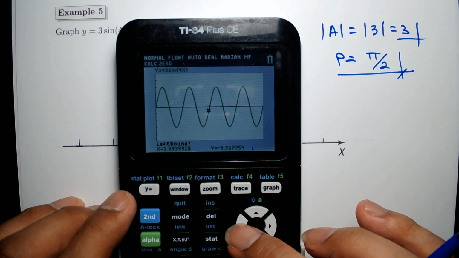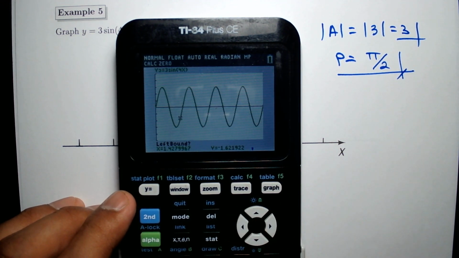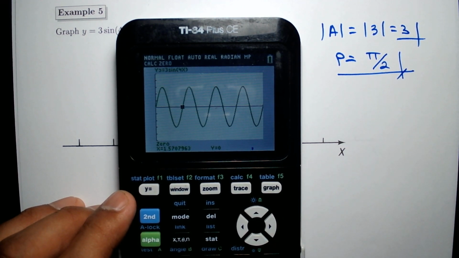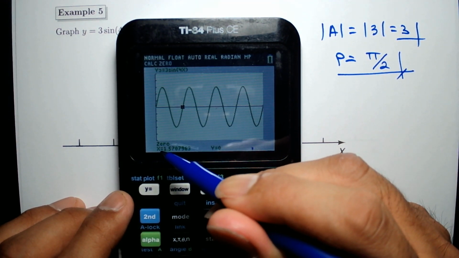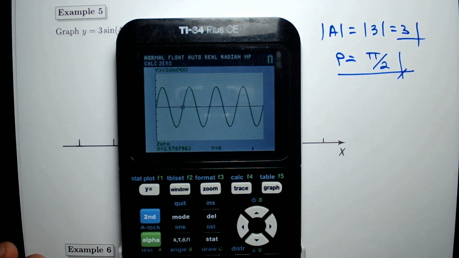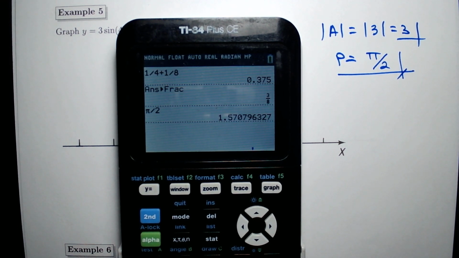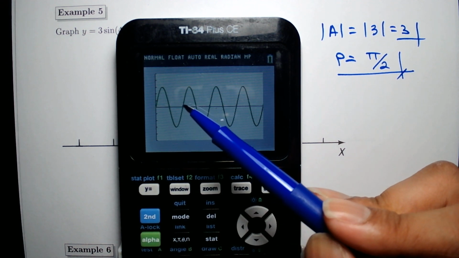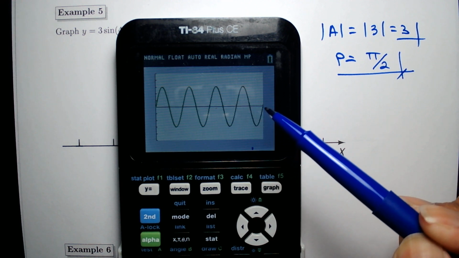Let me go from here and there. Let's find the zero. In this case, y equals 0 and x equals 1.5707. 1.5707 is the same as pi over 2, which is where it completes the first period. So pi over 2, 2 pi over 2, which is pi, 3 pi over 2, and then pi.